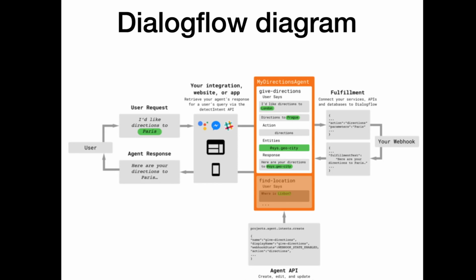This request is sent through a messenger client. This messenger client has to be communicating or connected to Dialogflow. This orange box here is basically the Dialogflow engine or the Dialogflow service. It's basically a web server somewhere which Messenger will connect to behind the scenes.